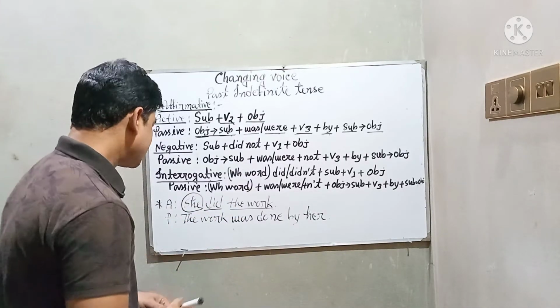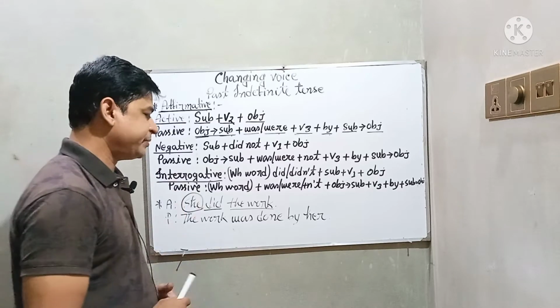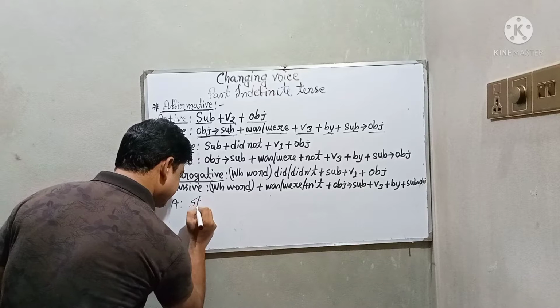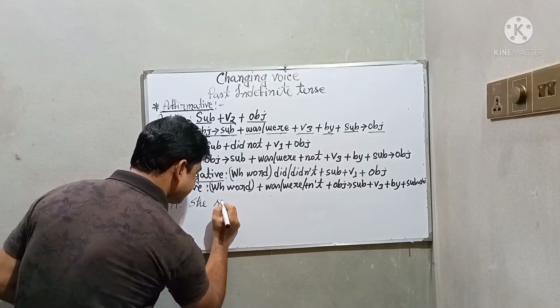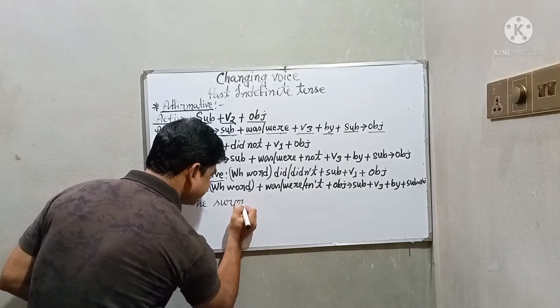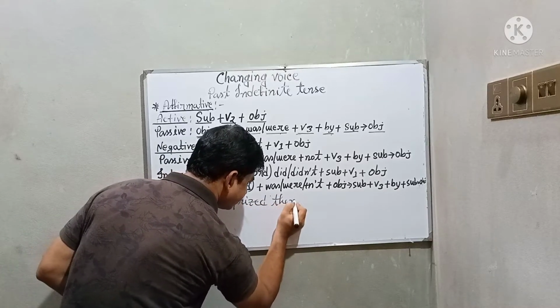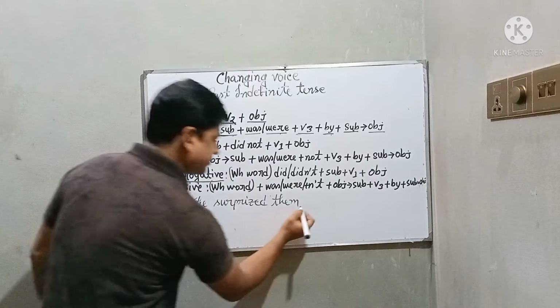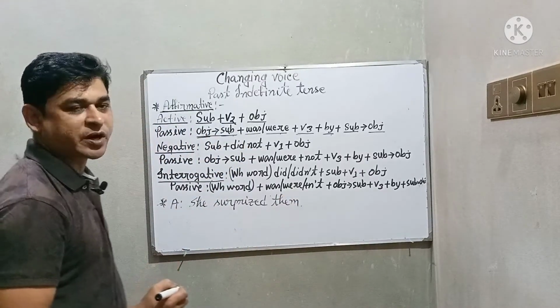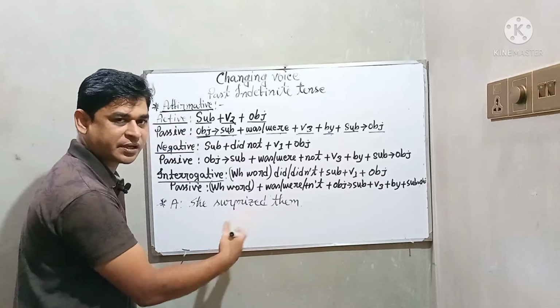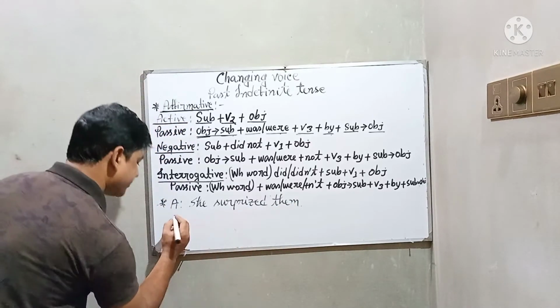Okay, now take another example to make your idea more clear. Suppose we have written, she surprised them. Subject, verb past, then object. So it is in past indefinite tense in active voice.